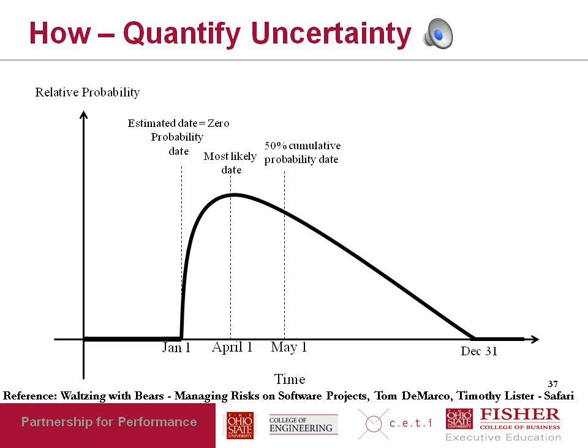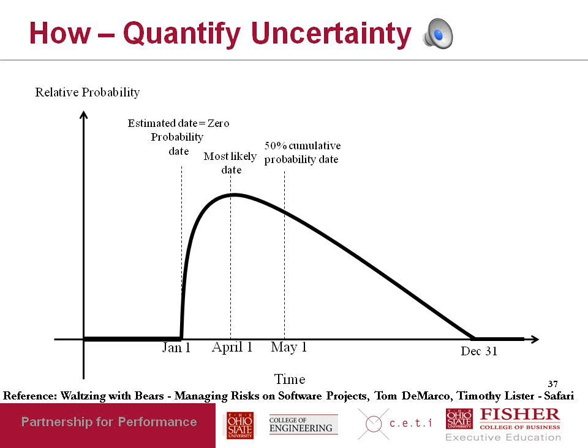What will typically happen is that there will be unknowns that will creep into the project, and therefore the actual time for doing a project will always be greater than the estimated time. So the probability that the project will finish on the date that you estimated is 0. Okay, so let that date be Jan 1st.